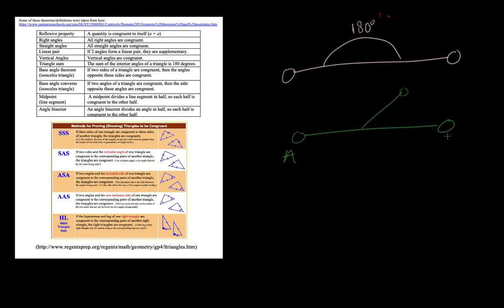So let's say we have A, B, C, D. Since they make a linear pair or they form a line together, we can say that the measurement of angle ACD plus the measurement of angle DCB is equal to 180 degrees, which means that they're supplementary.